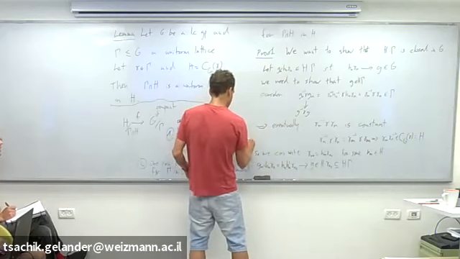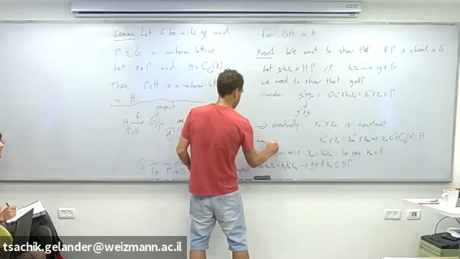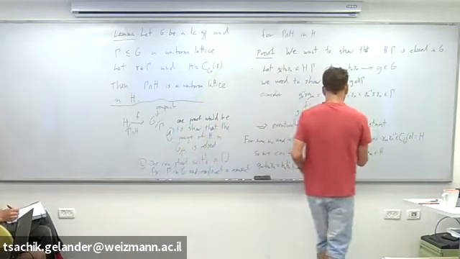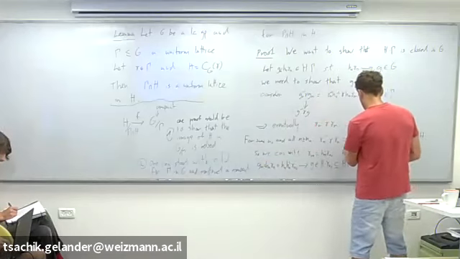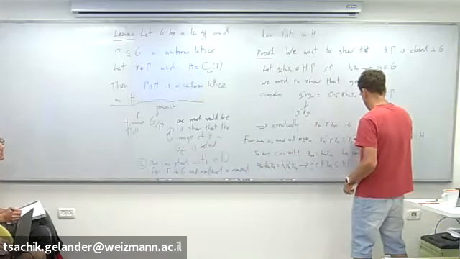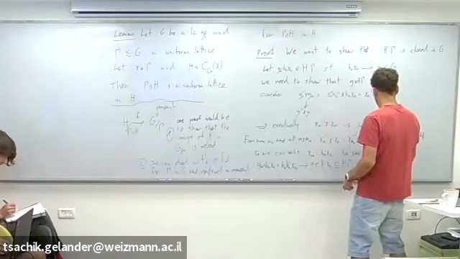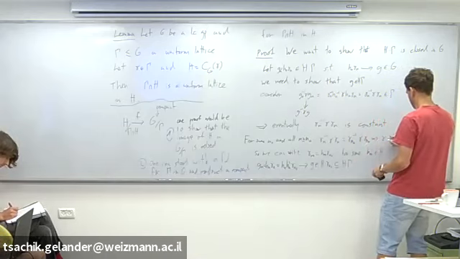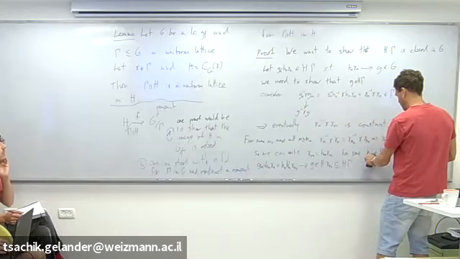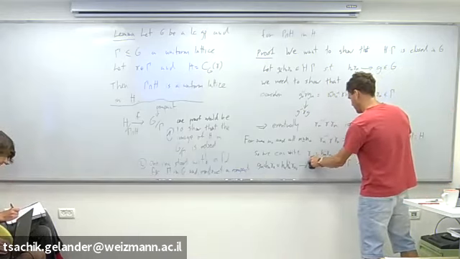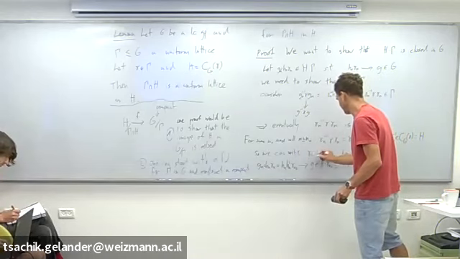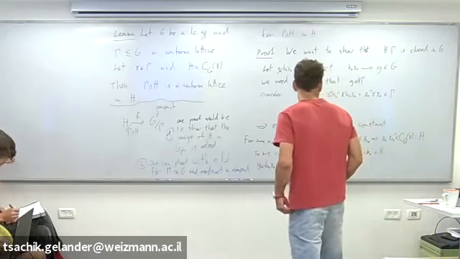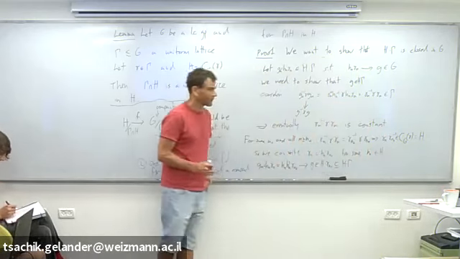I would say it like this: for some n0 and all n bigger than n0, we have this.